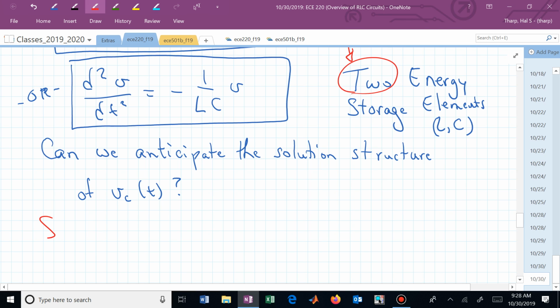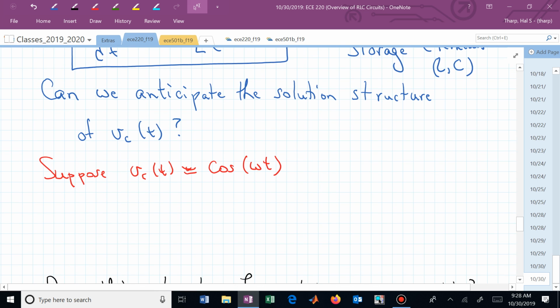So suppose V sub c of t was actually some cosine omega t. Now we're just reviewing our calculus. The first derivative of that, what's the derivative of a cosine?